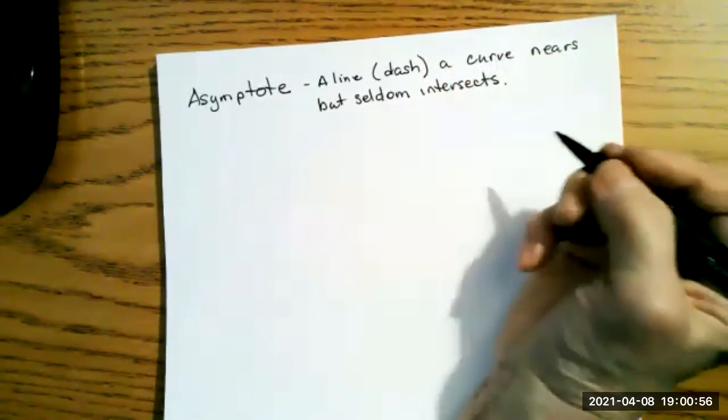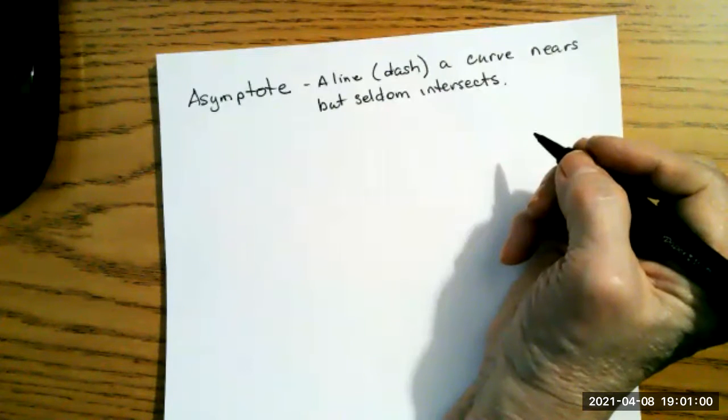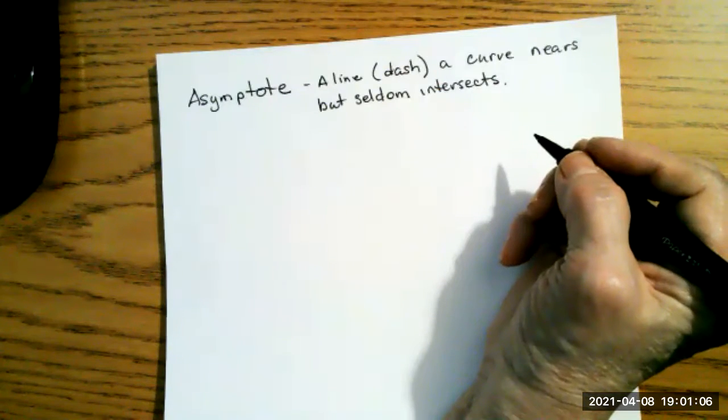It's really to aid in graphing. The graph will never cross a vertical asymptote because that's an undefined spot. But sometimes when you have a horizontal asymptote, they will cross it.